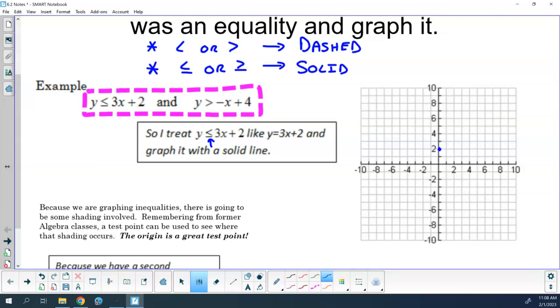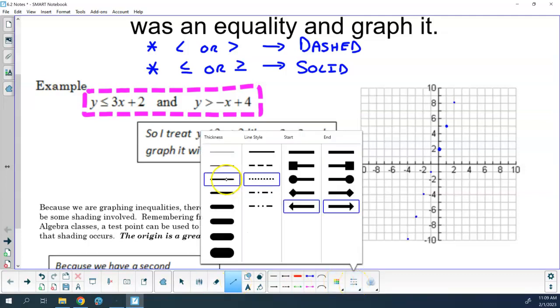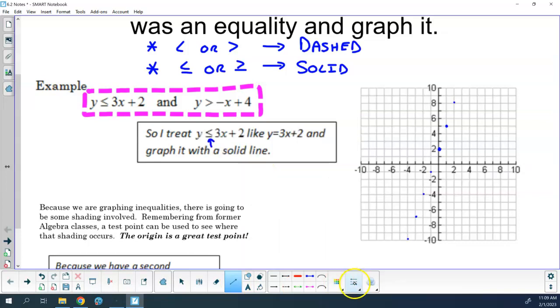Then from there I would go up 3, 1, 2, 3, right 1. Or I could go down 3, left 1. Then I'm going to graph that line with a solid line.